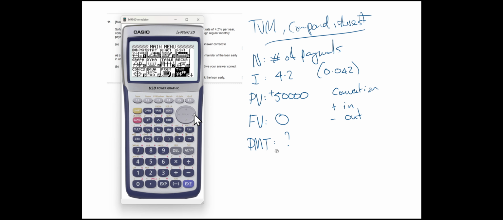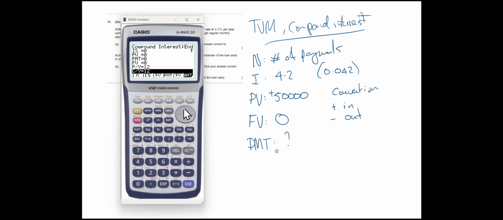So we're going to go to TVM, time value of money, F2 or compound interest. So N is going to be the number of times you pay, then interest rate, present value, payments, which we don't know. The future value is going to be zero. PY is payments per year, and CY is the number of times it's calculated.